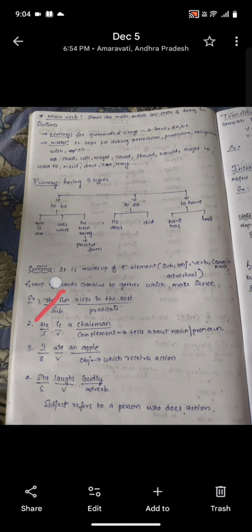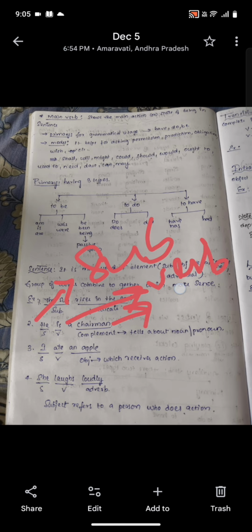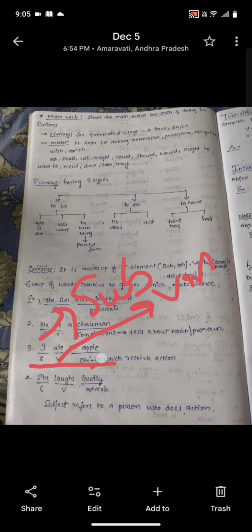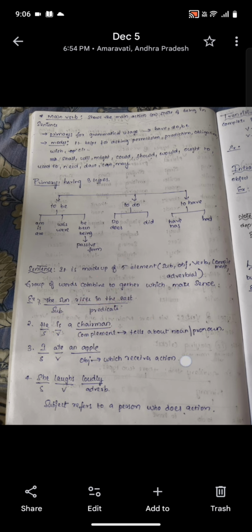He here is a subject, is is a verb, and a chairman is a complement. And I ate an apple. Here I is the subject, ate is the verb, and apple is the object. We can see some more examples here.